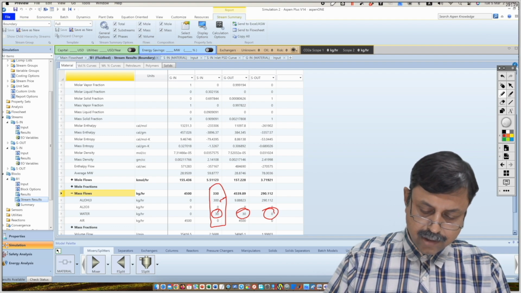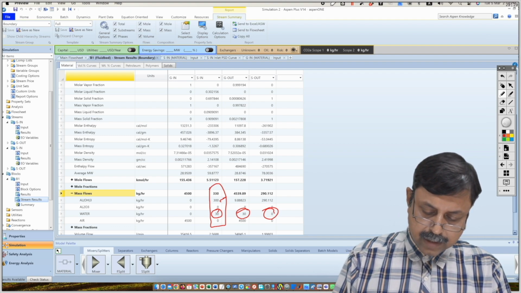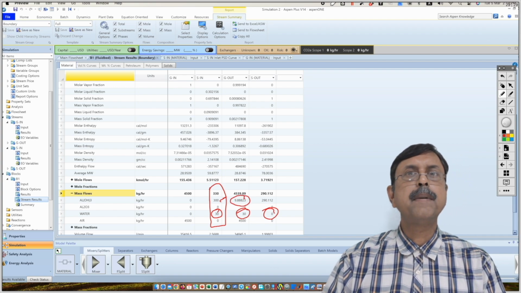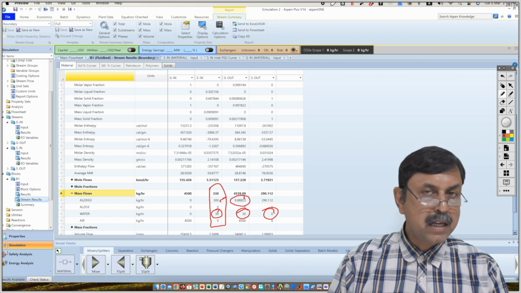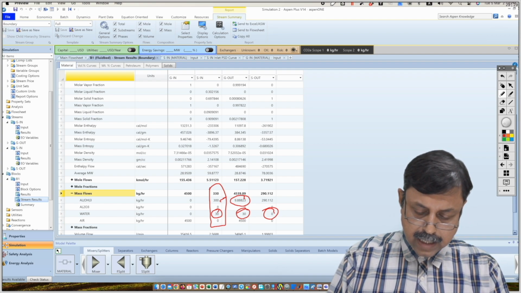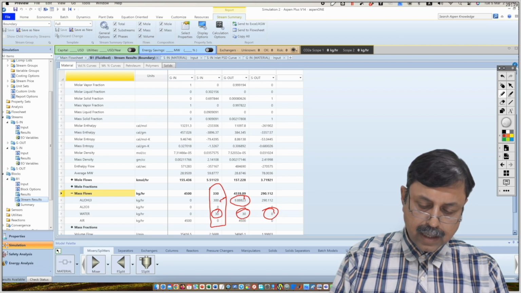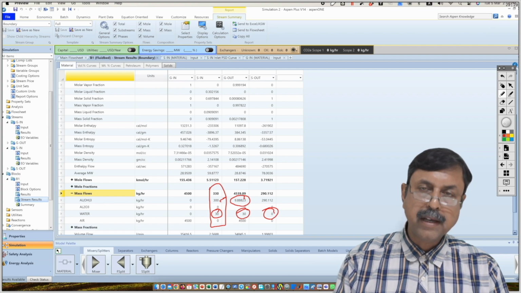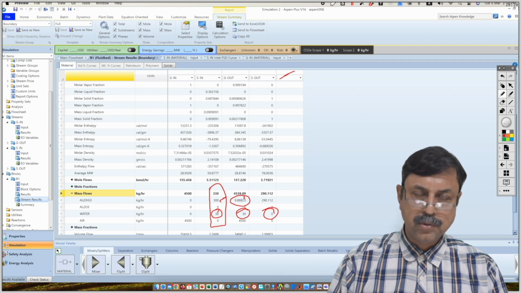And you can check the temperature also. Before checking the temperature, look at this. The gas out will have 9.8823 kg per hour of aluminium hydroxide as well. Only 290.112 kg per hour of aluminium hydroxide is coming out through the solid out.